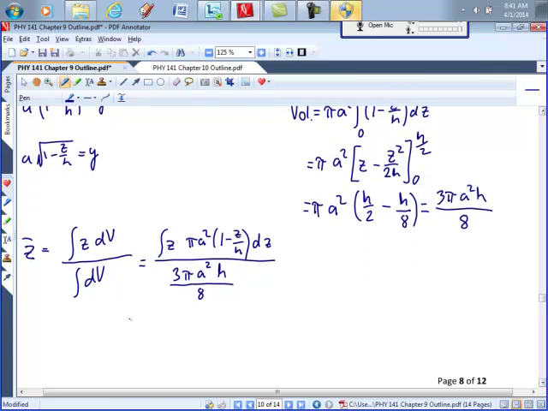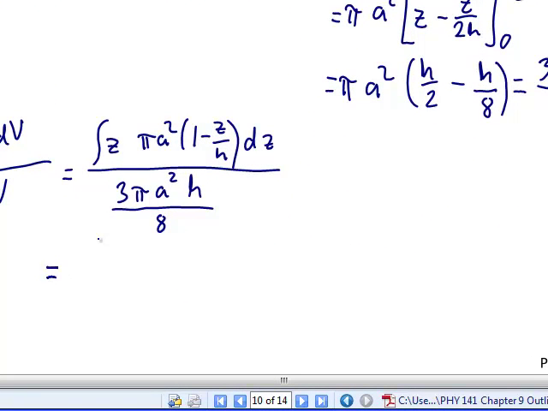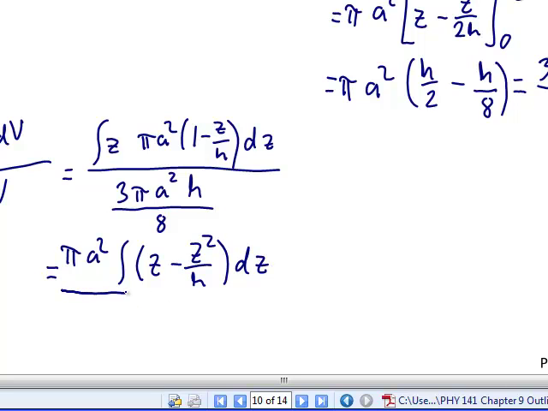All right. So we can take constants out here again. That's going to be pi a squared times the integral. Bring the z in there, so that's going to be z minus z squared over h dz, all over 3 pi a squared h over 8.